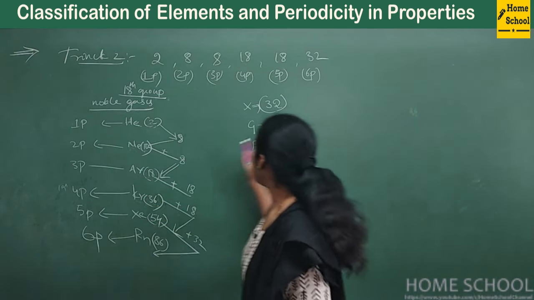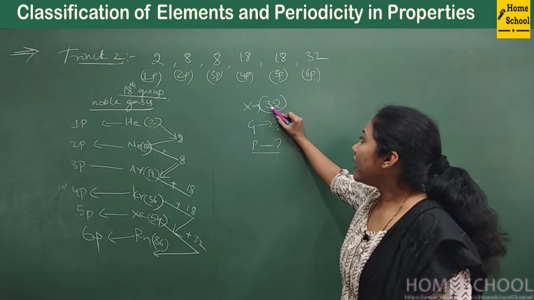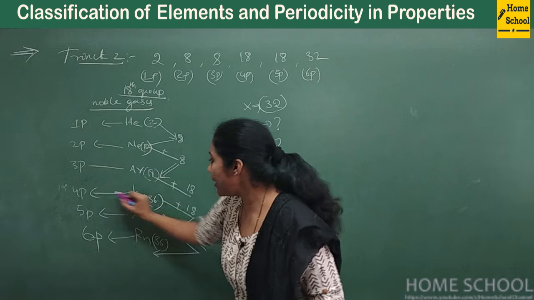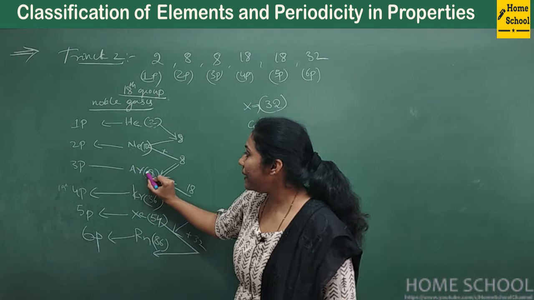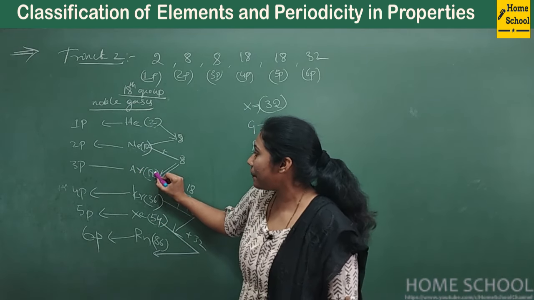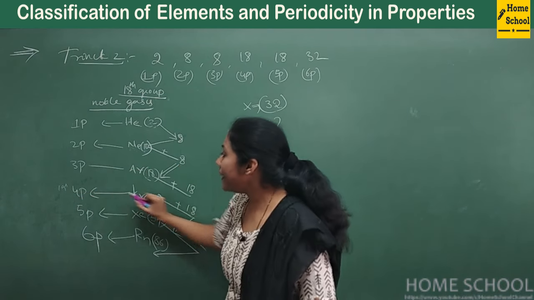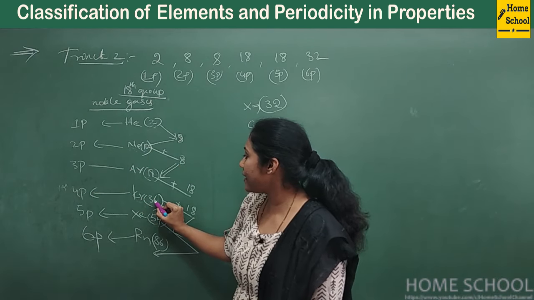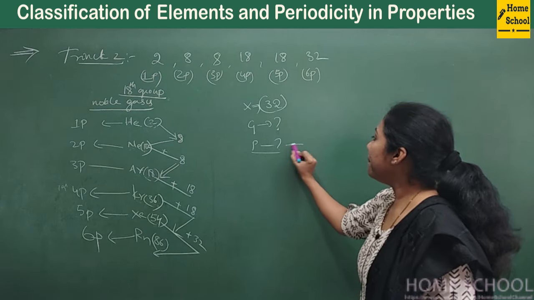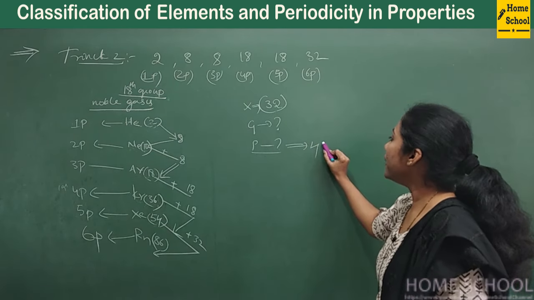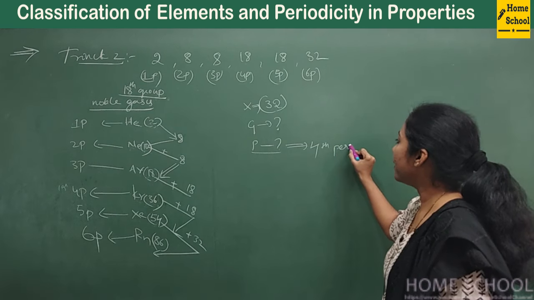So the element which has atomic number 32 will come in the fourth period. So definitely the period number is 4.